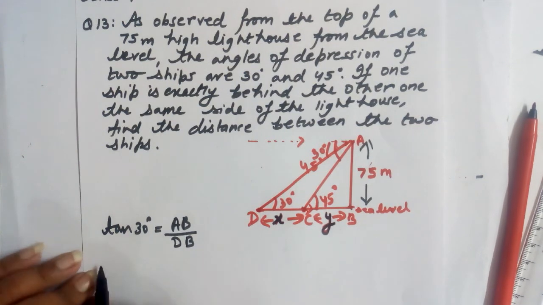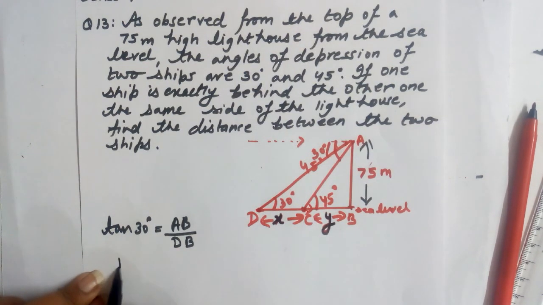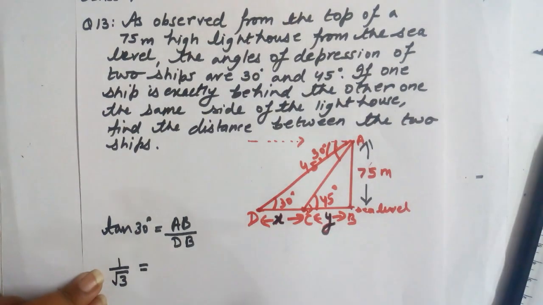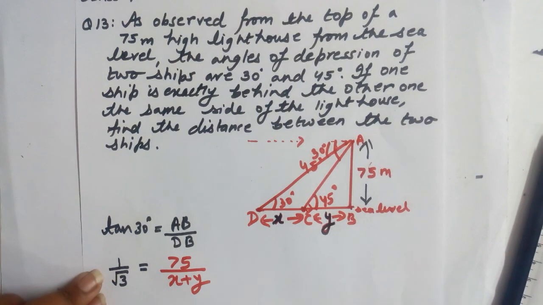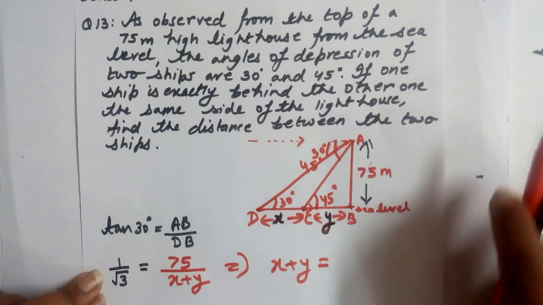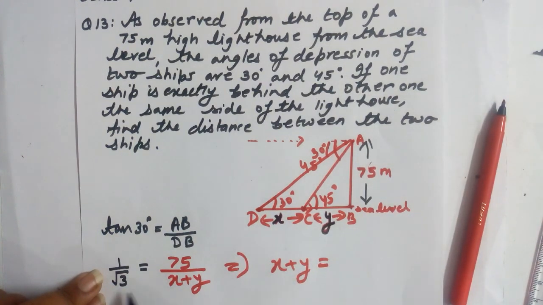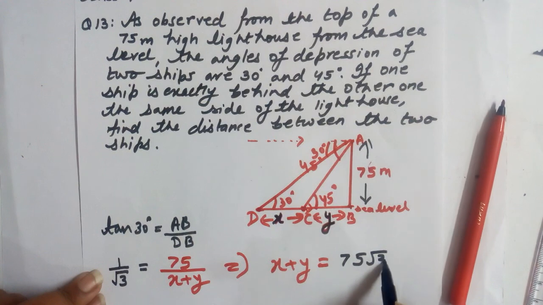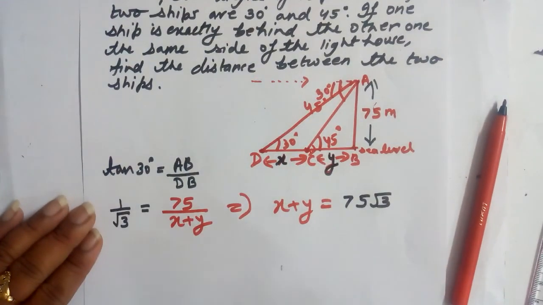The value of tan 30 is 1 upon root 3, and that is equal to AB, which is 75 meters, upon DB, which is DC plus CB, so we can write X plus Y. By cross multiplication, X plus Y is equal to 75 root 3. I hope it is clear.